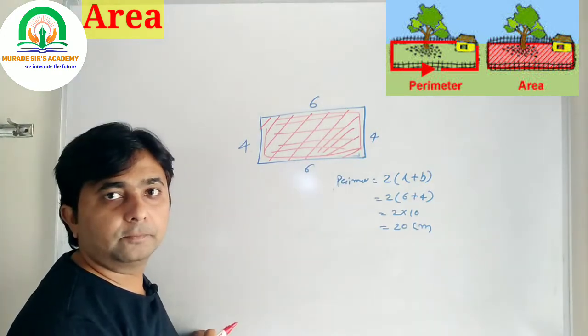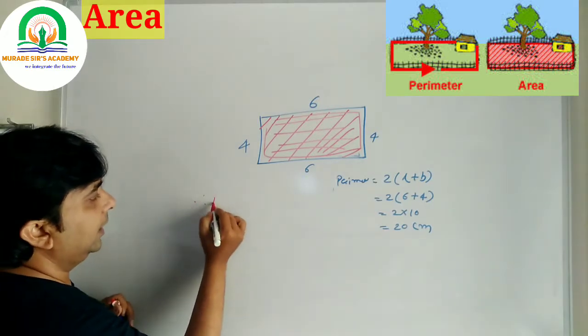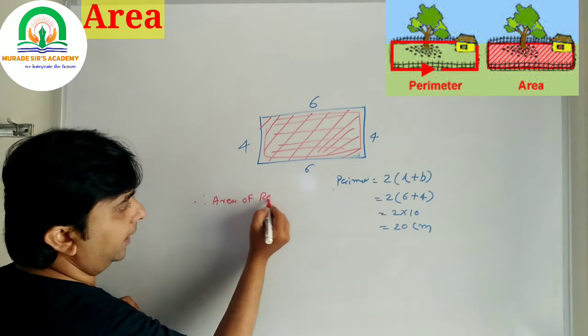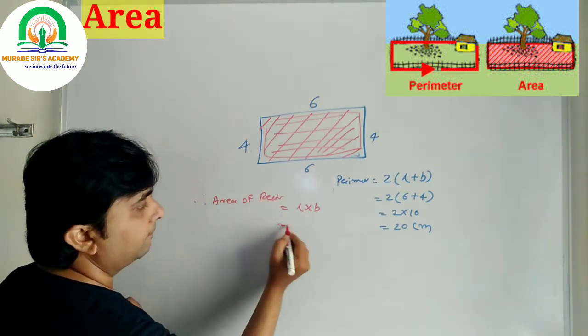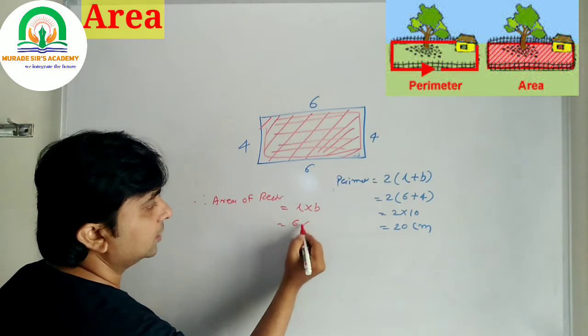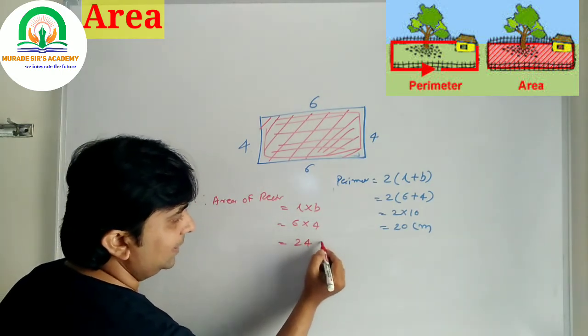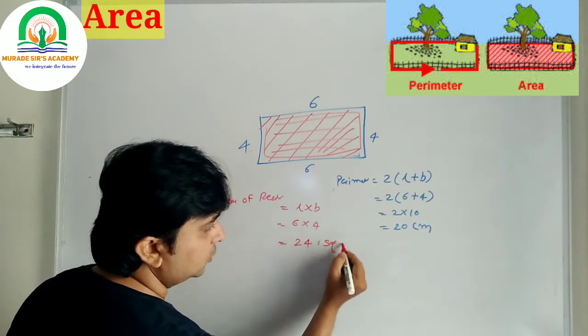figure. This is a rectangle, therefore the area of a rectangle is equal to length into breadth. Length 6 into 4 is equal to 24 square centimeter.